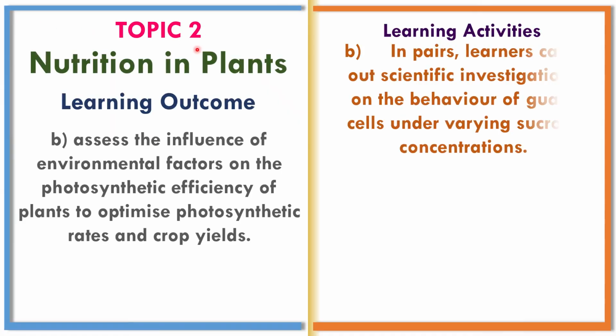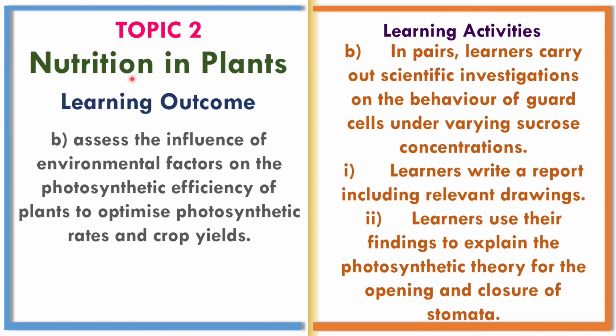Thank you for participating in Topic 2, Nutrition in Plants. Our learning outcome B: assess the influence of environmental factors on the photosynthetic efficiency of plants to optimize photosynthetic rates and crop yields.